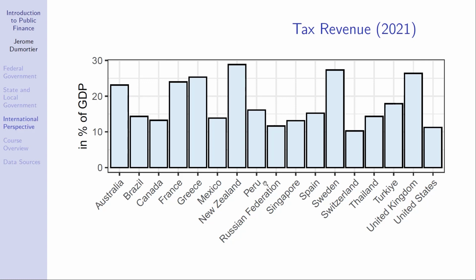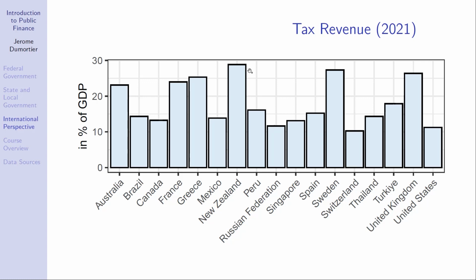So you can see, for example, that the tax revenue of the United States compared to the GDP is relatively small in comparison to other countries, mostly European countries, if you're thinking about France, Greece, Sweden, or the UK. But you also have, for example, Australia and New Zealand that are collecting a significant share in tax revenue.